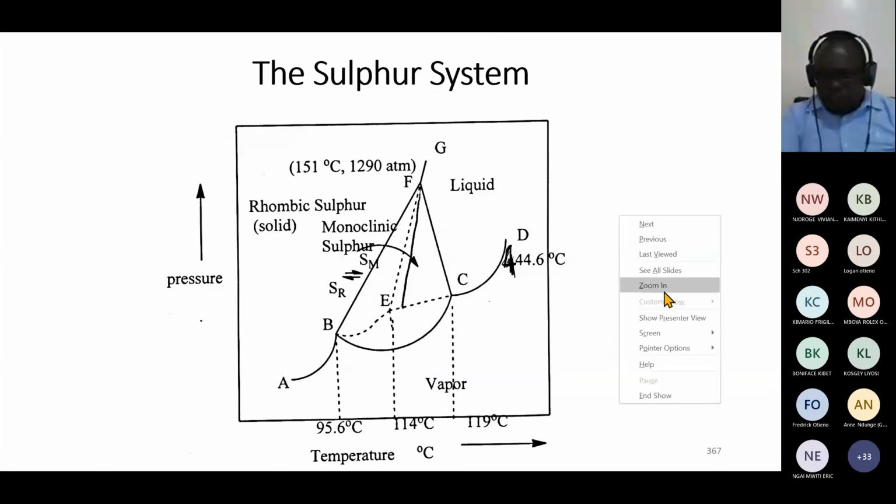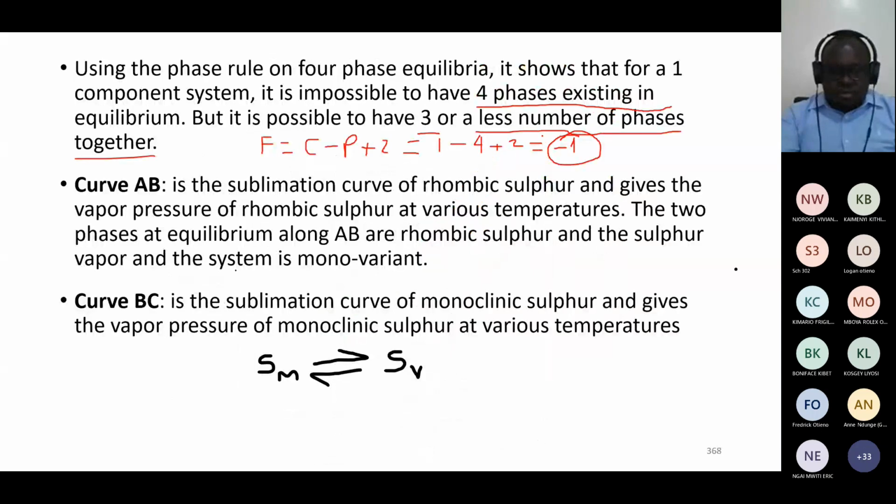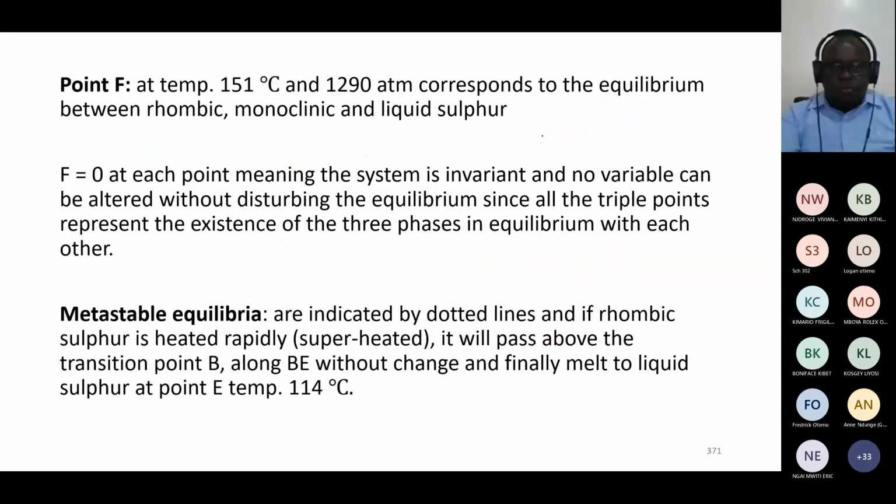But in real sense, if you check the diagram on the internet, it should have been something like this, such that the point where F lies is at 151 degrees Celsius, and the pressure is 1290 atmospheres.